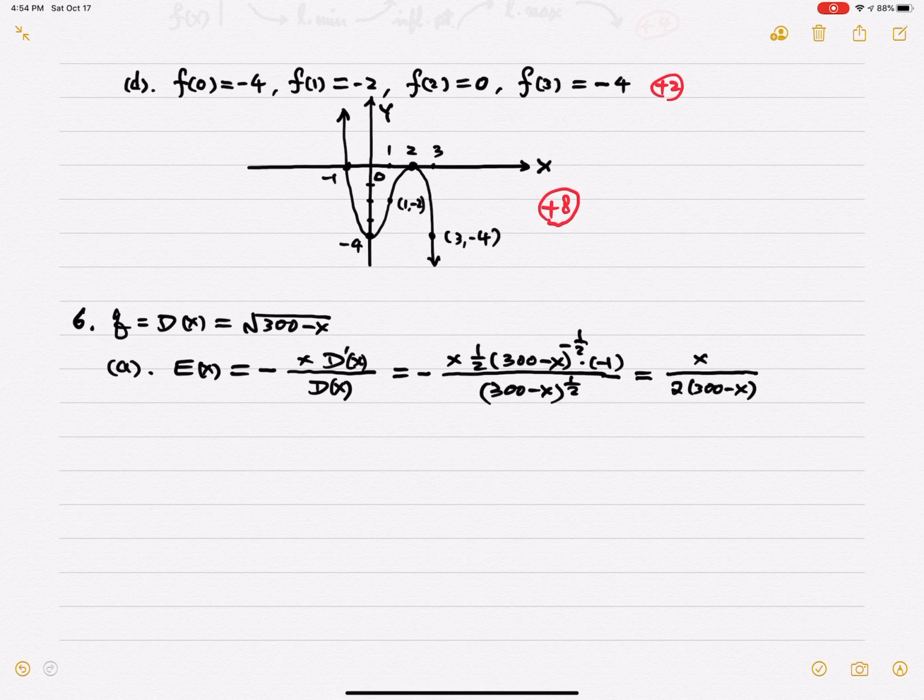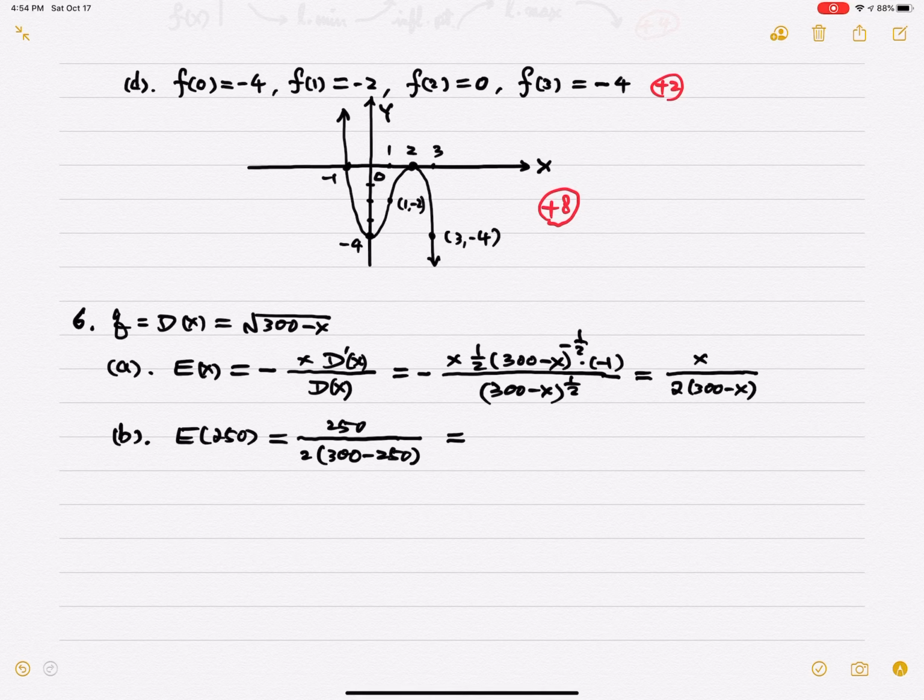Part B, we ask you to calculate E at the price of 250. We just plug it in. So this is equal to 250 divided by 2 times 300 minus 250. 300 minus 250 is 50, times 2 is 100.